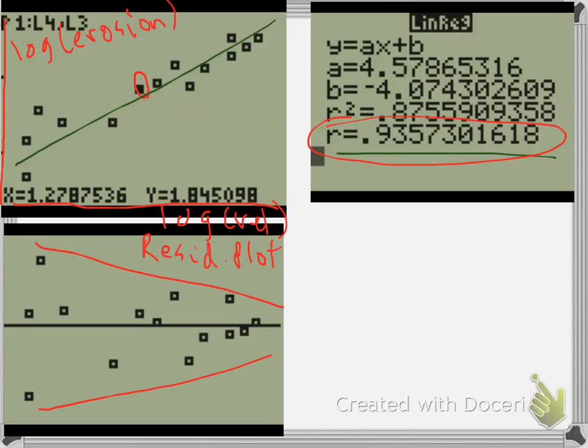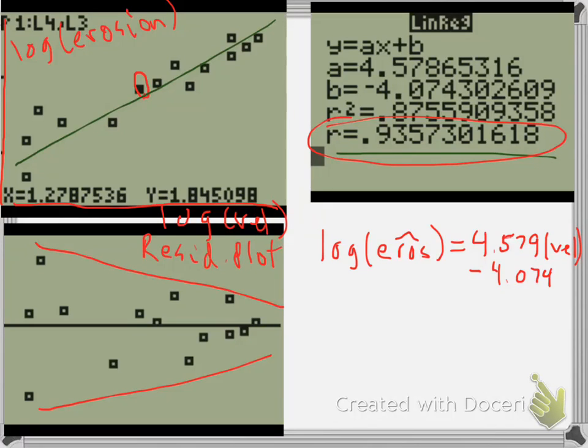If this were the model, you would have log of the predicted erosion, I'm just going to call it eros, equals 4.579, with logs you want to go more decimal places, times the slope, times velocity, and then we're going to subtract 4.0743.